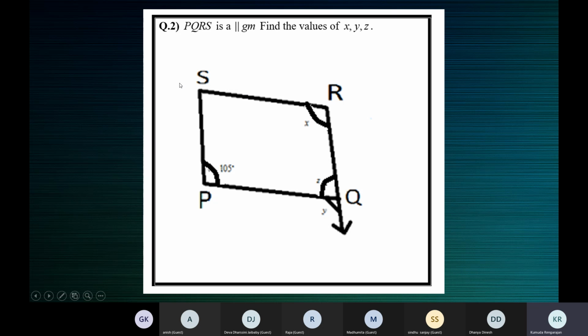Whichever is going to help you get the value of Y. So SR can be regarded as a transversal or PQ. But I think PQ will be useful. SP parallel to RQ, PQ is a transversal. Yes. Next what? What next, children?